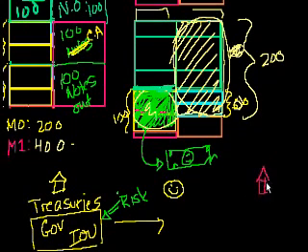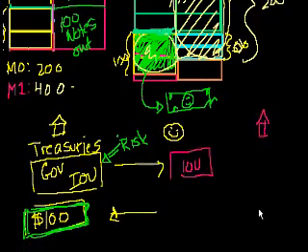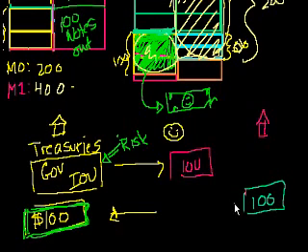I was holding some of these government IOUs, right, that I had bought from the government. And the Federal Reserve has this $100. They have $100. Let me draw that in green. They have $100.